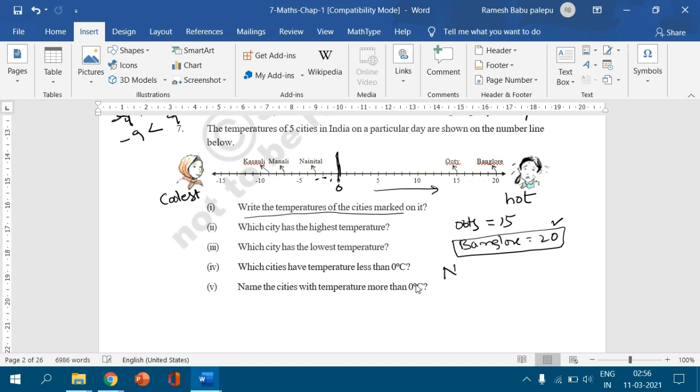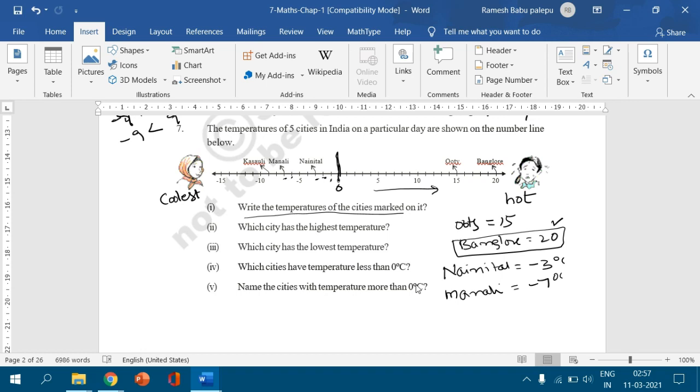Then Nainital temperature is -3 and -4, -5. This is -6. This is -7. And Manali temperature is -7 degrees and Nainital -3 degrees, like that.